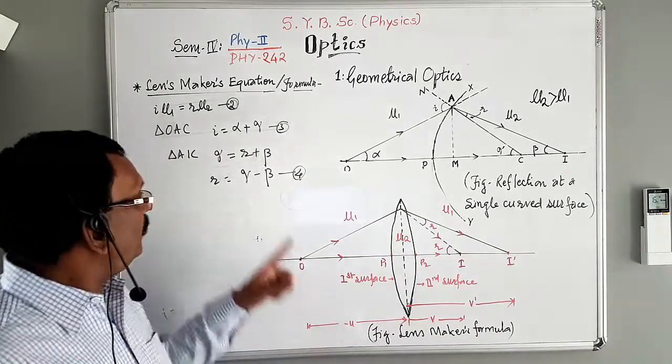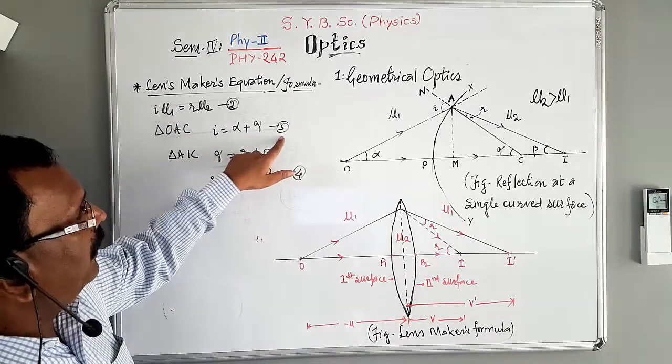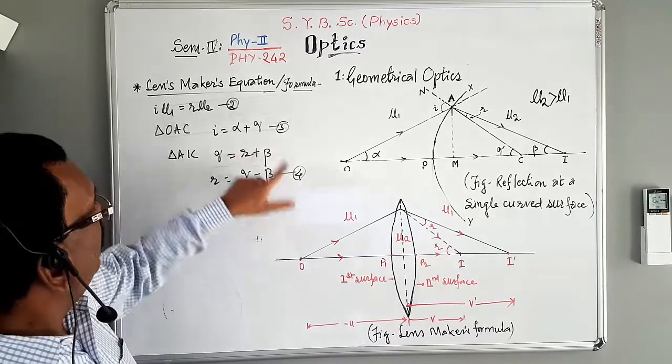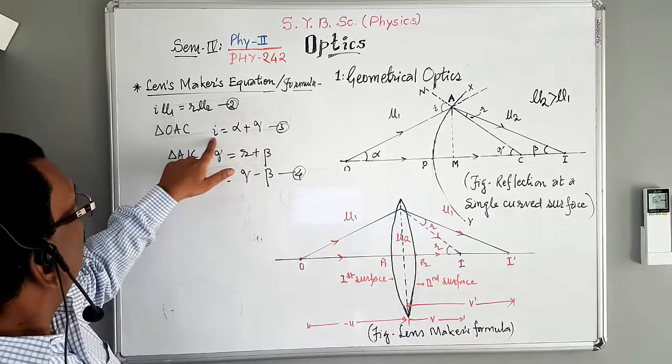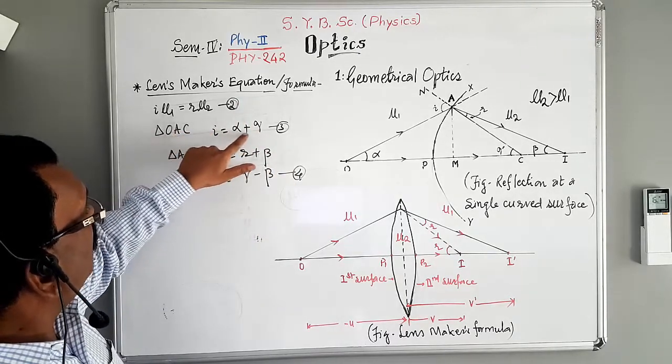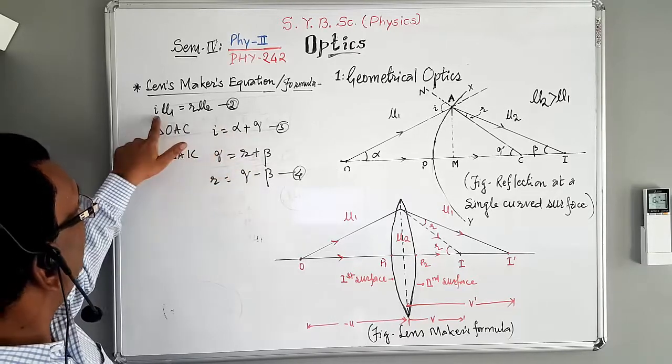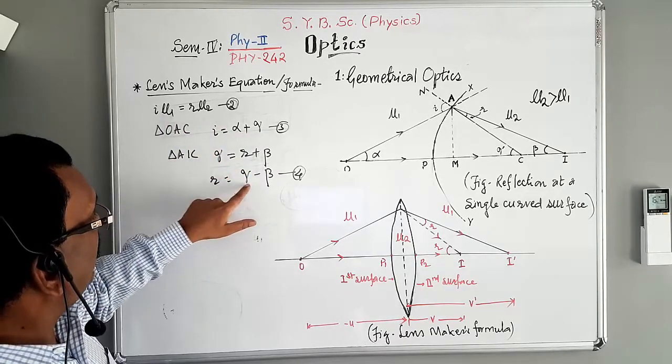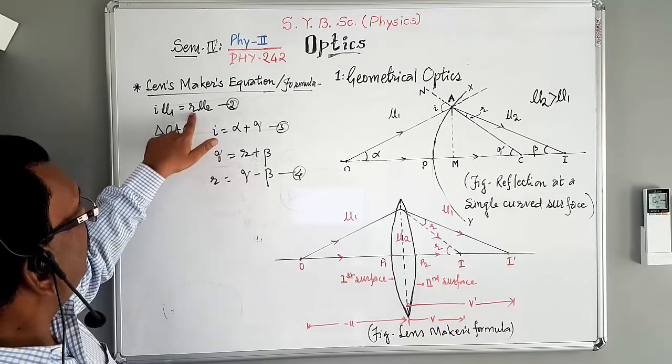Now, using equation 3 and equation 4 in equation 2, that means the value of I is equal to alpha plus gamma, we substitute here, and this value of R, that is gamma minus beta, we can substitute here.